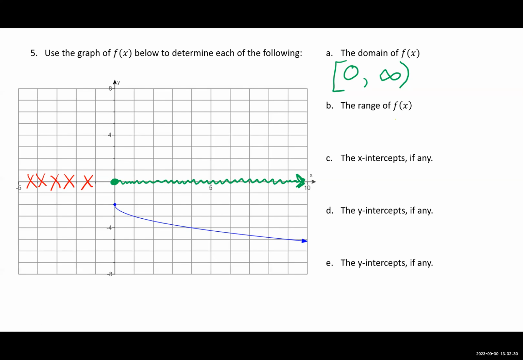Now the range of the function is all the y values associated with the graph of this function. So the first one would be right there. That looks like -2. And all of these y values in this direction, and that goes on forever because the graph is moving to the right. It's also moving down infinitely far.